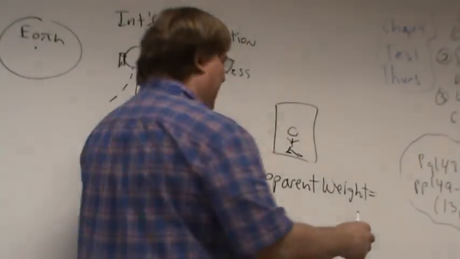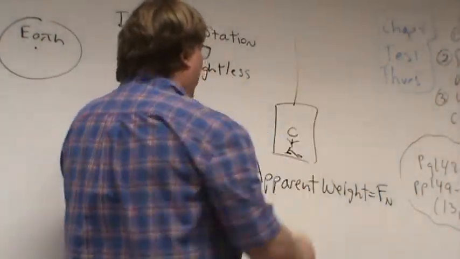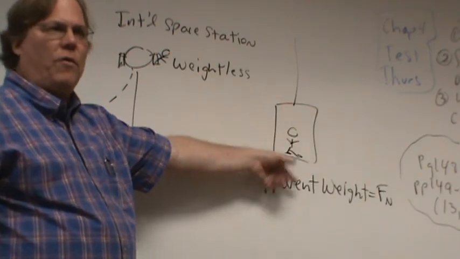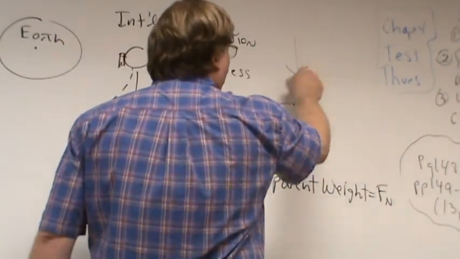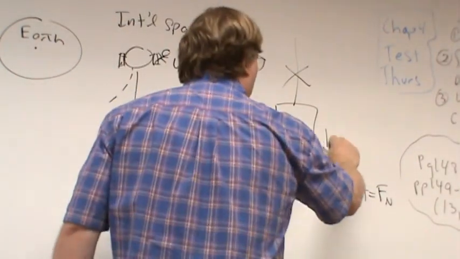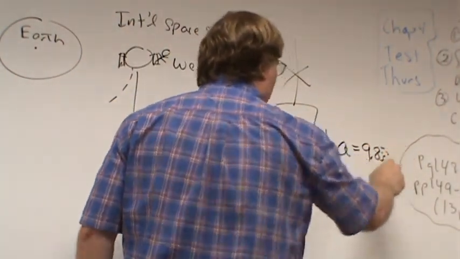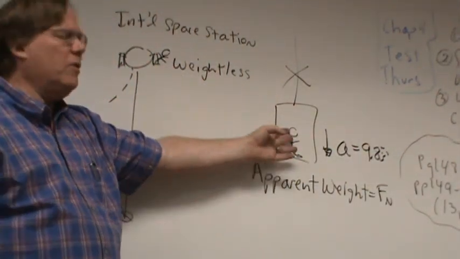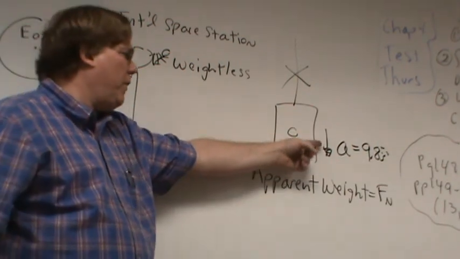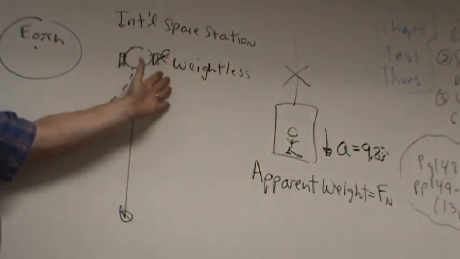Yeah, normal force. So if he's in an elevator, then the normal force is equal to his weight if the elevator isn't moving. But what if you cut the cable? What if he's accelerating downward now at 9.8 meters per second squared, right? Now his apparent weight is 0 because there's no normal force on him. When you're in free fall, your apparent weight is 0. Well, as Giancarlo said, you're in free fall.